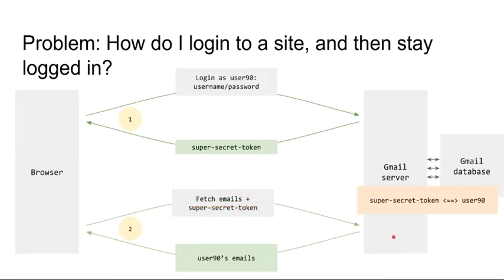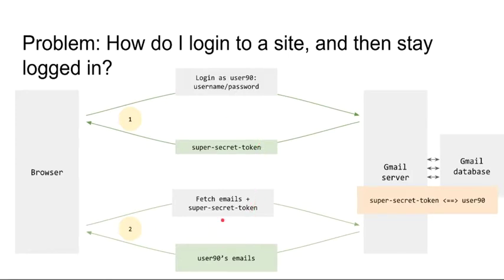And when this token is sent to Gmail, Gmail has stored this token already in its database. So Gmail says that the token has come and this token belongs to user90. And because this token belongs to user90, the Gmail server can now respond with user90's emails, right? So this solves the problem of carrying forward information from one request-response into another.